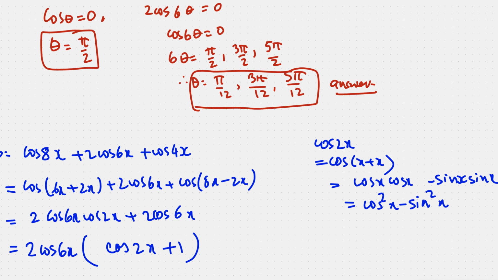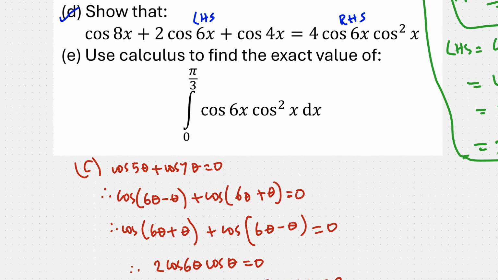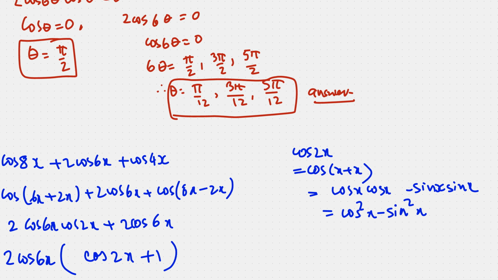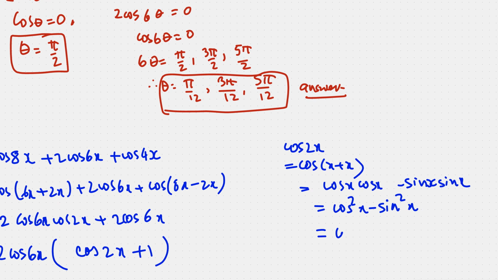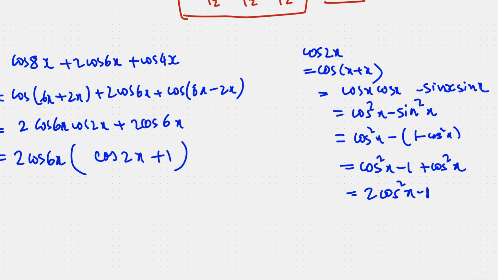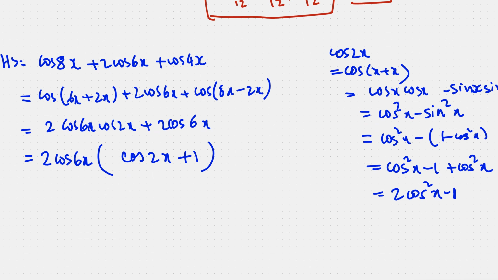So there is no sin square x in our right hand side, it's only cos. So we need to change it. So that is equal to cos square x minus 1 minus cos square x. So that is equal to cos square x minus 1 plus cos square x. That is 2 cos square x minus 1. I believe there's a formula like that. I didn't remember that, so I just did it.